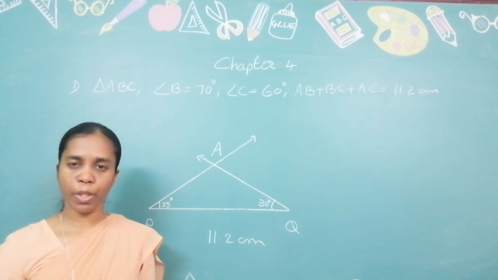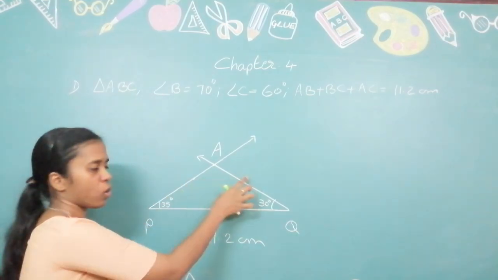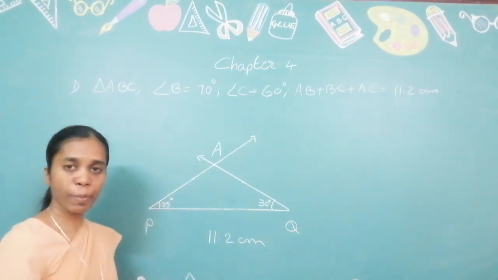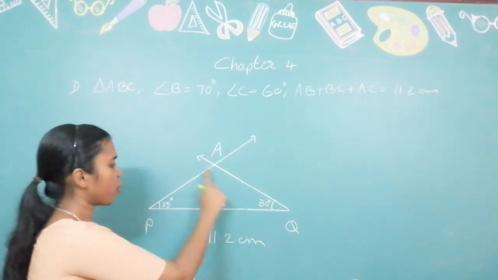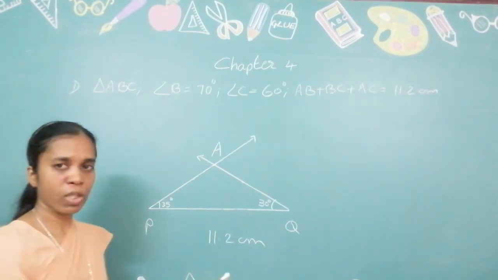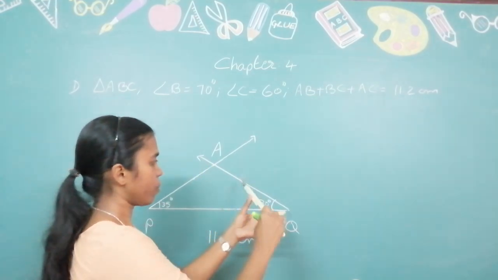Similar to the other cases, for the newly constructed figure we have to draw the perpendicular bisector. Now we have two sides over here, so we have to draw the perpendicular bisectors for AQ and AP. First we will draw for AQ.